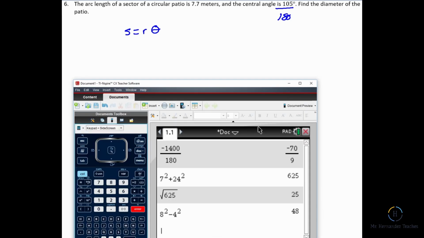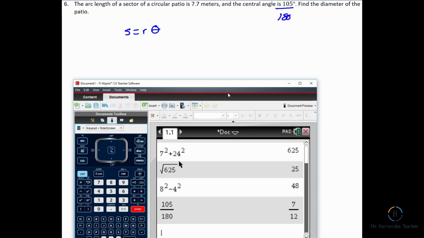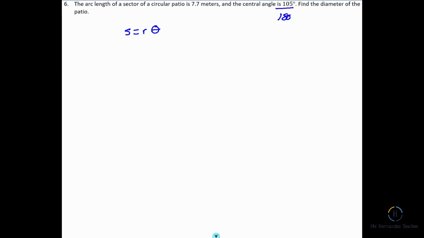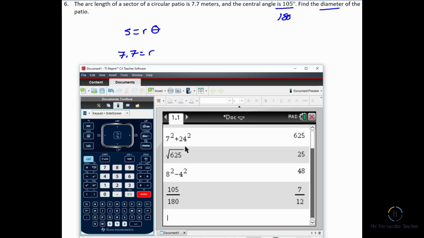So let's see what happens. 105 divided by 180, okay, that's 7/12, so 7 pi over 12. So we're getting S, which is 7.7 meters, equal to R, which we want to find. Actually, we want to find the diameter, but we'll worry about that in a second. Is equal to what number did I just find on the calculator?